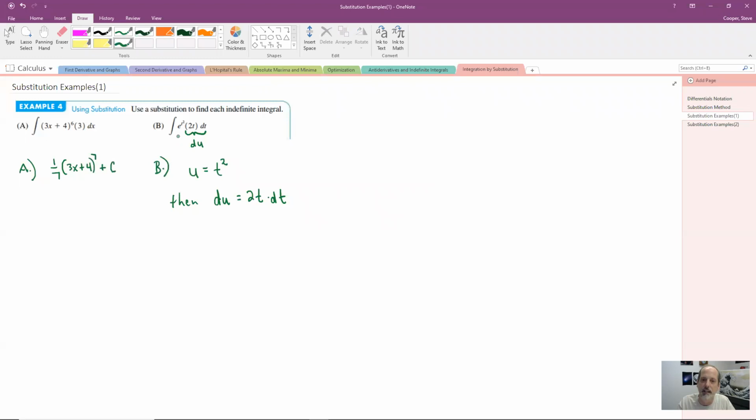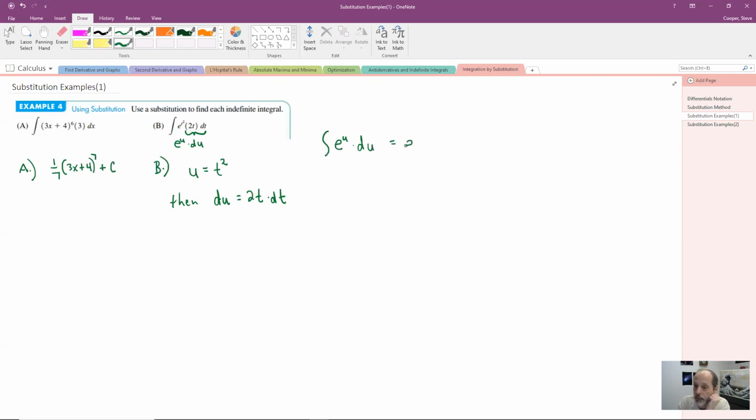And since u is t squared, I'll rewrite this as e to the u. So now in terms of u only, we have the integral of e to the u du, just because magically du turned out to be this portion of the integrand.